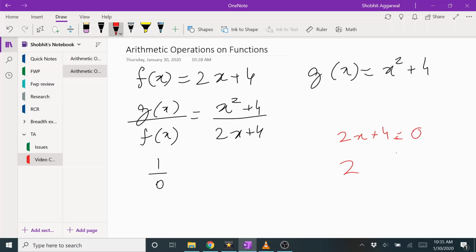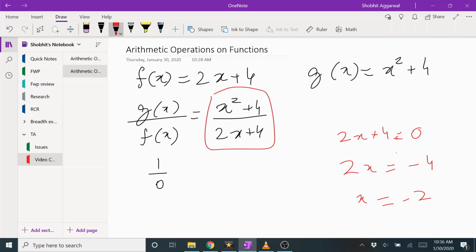What we'll do is we'll take 4 to the right hand side, it becomes minus 4, and that gives us x equals minus 2.